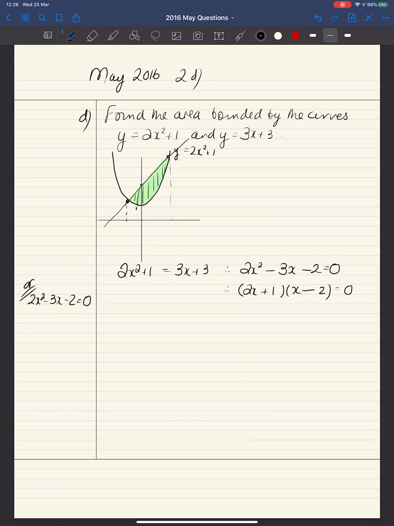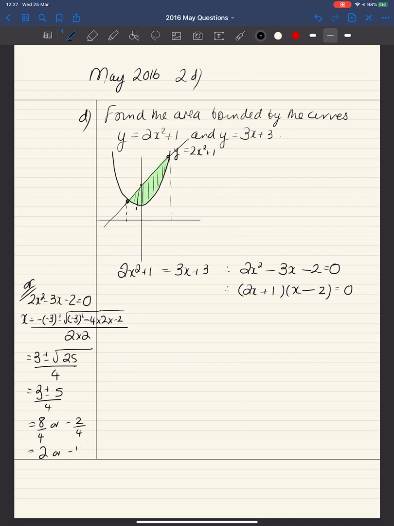If you're not sure about that, you could always say, you've got 2x squared minus 3x minus 2 equals 0. x is minus b, plus or minus the square root of b squared minus 4ac, all divided by 2a. So it's 3 plus or minus the square root of 9 plus 16, which is 25, over 4. So it's 3 plus or minus 5 over 4. 8 over 4, or minus 2 over 4.